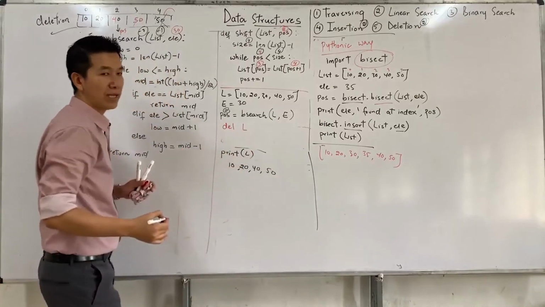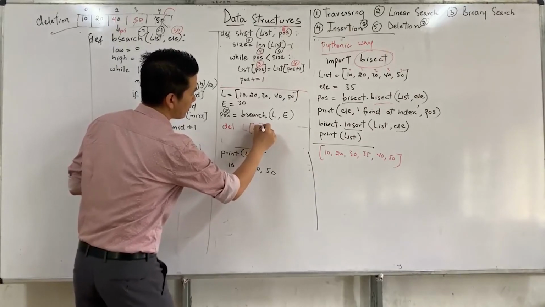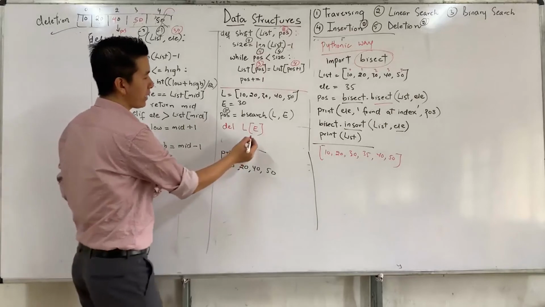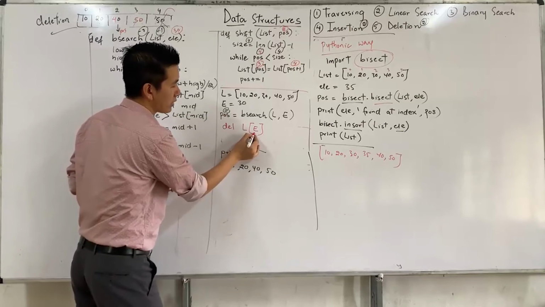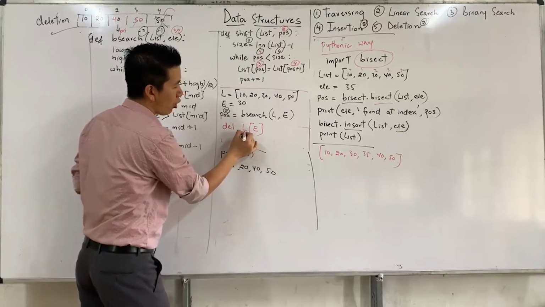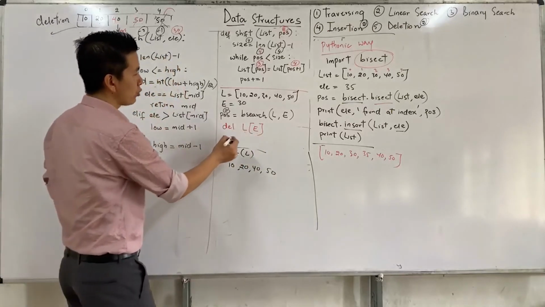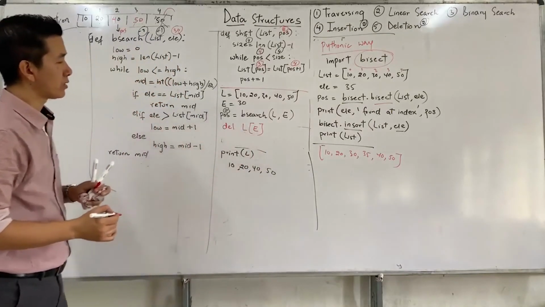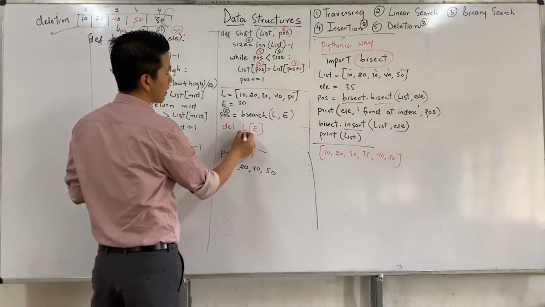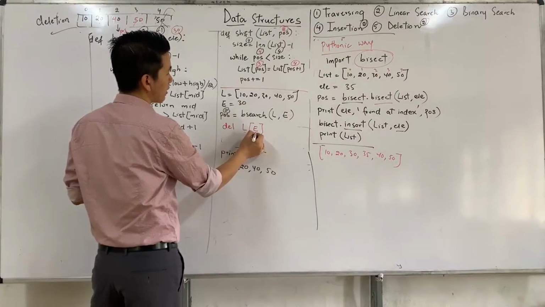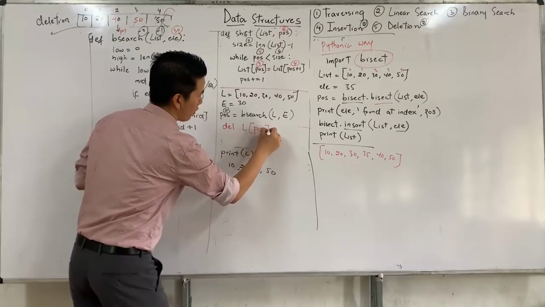The name of the list is L, and then the index is nothing but E. The value of E is 30, right? L of 30 means you are pointing to... I'm so sorry, you have POS.